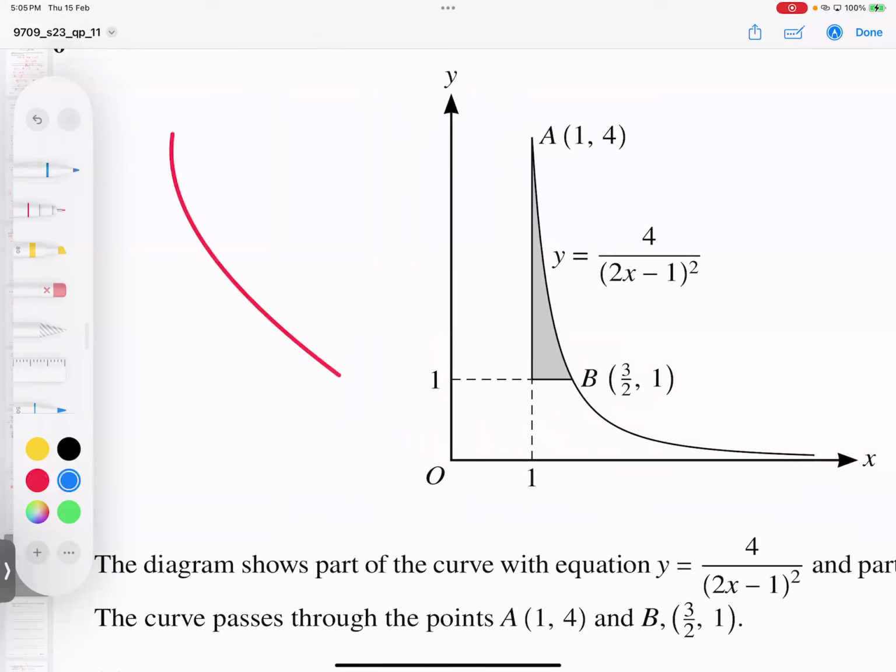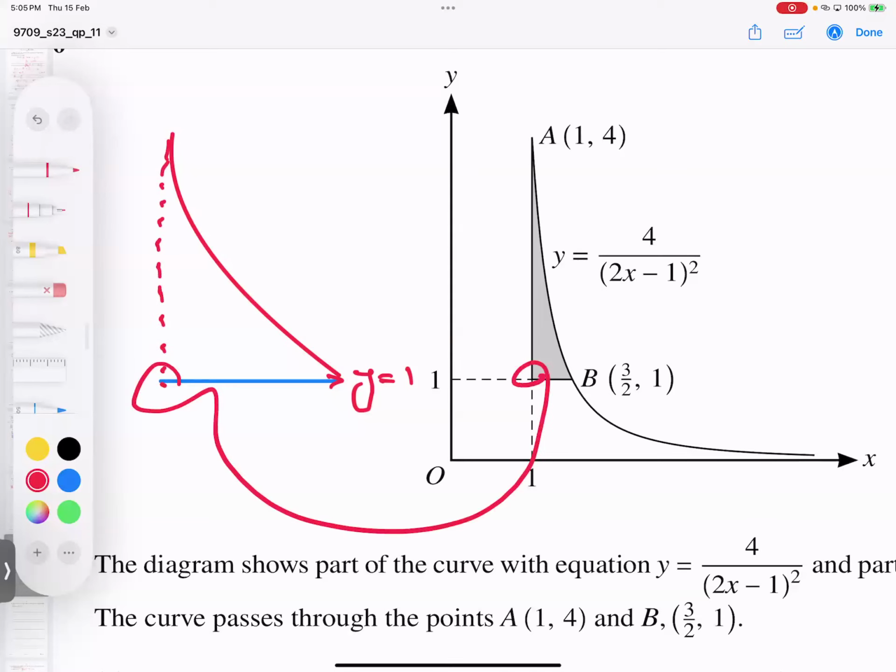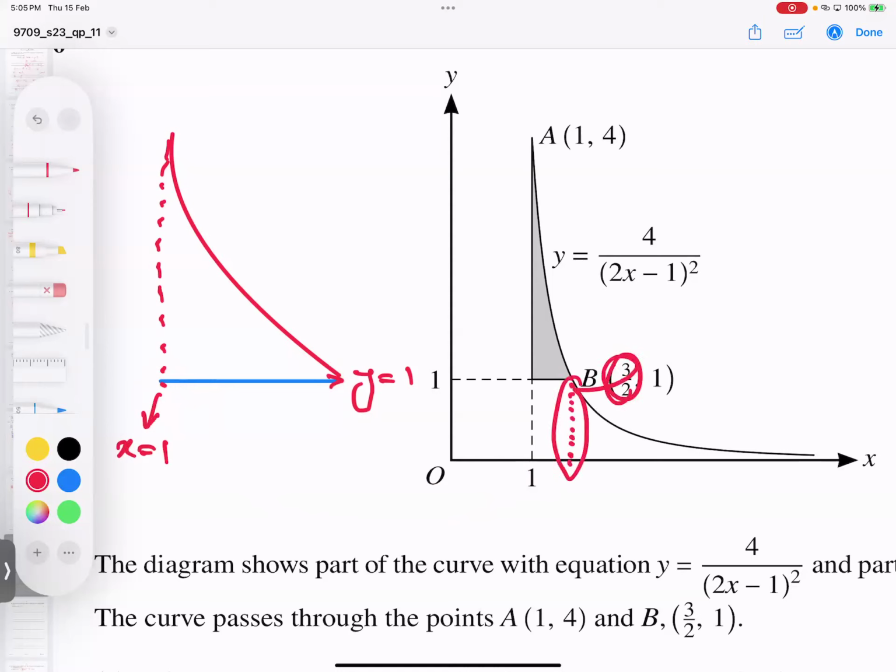The red color is the curve and the blue color is the line. The blue line is y equals 1. This is the starting point, where the x value is 1. If I go down at the ending, the x value here is 3/2, so 3/2 is the ending point.